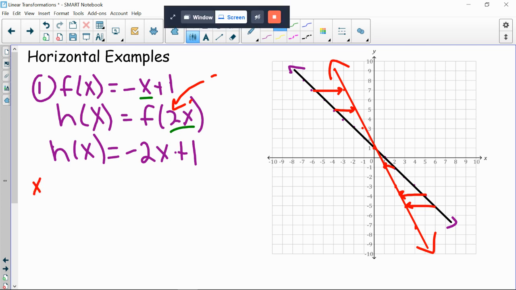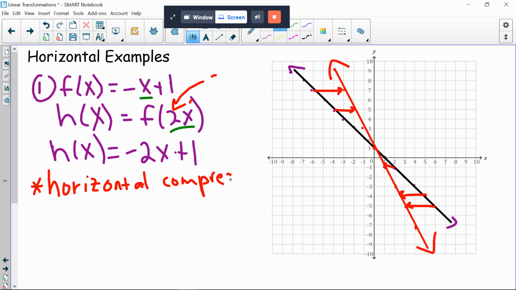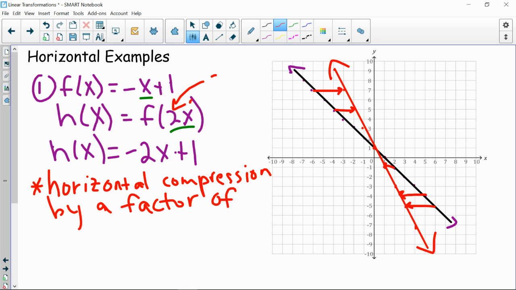So for the description, we'll say horizontal compression by a factor of what?